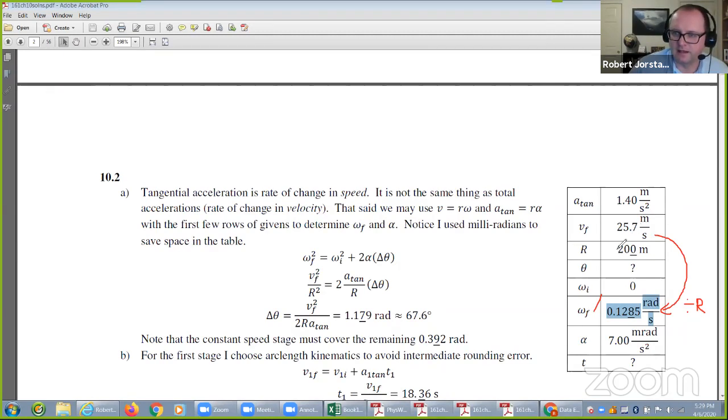And then in this case, you can also do the same thing with A tan and divide by R. And it looks like I wrote it in units of milliradians per second squared, but whatever. Okay. And so for me, you can see I like these angular kinematics. Oh, I guess you could see that right here as well. That's another way of doing this one.